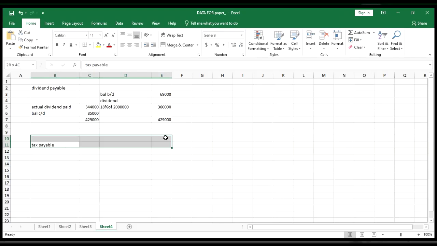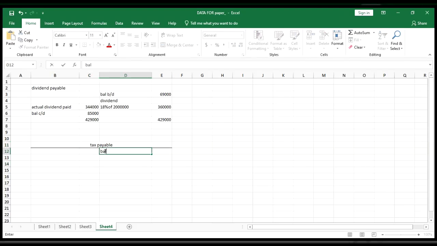Now, to calculate tax paid, first and foremost, we will need to post the opening and closing balances of tax payable. So that will lead us to this.